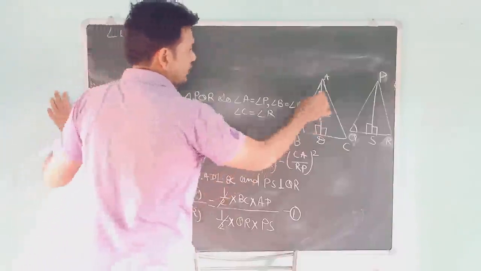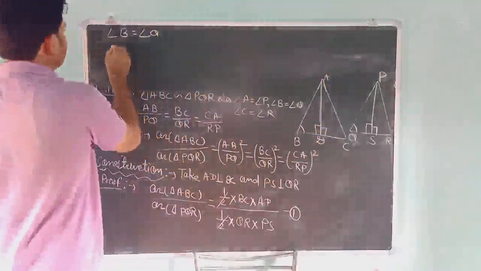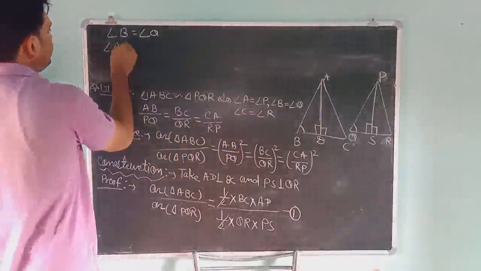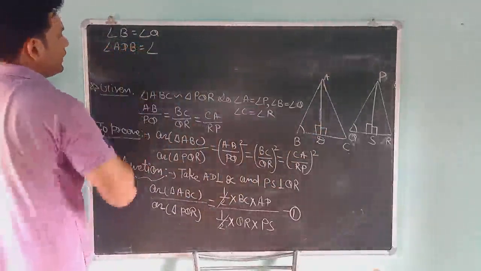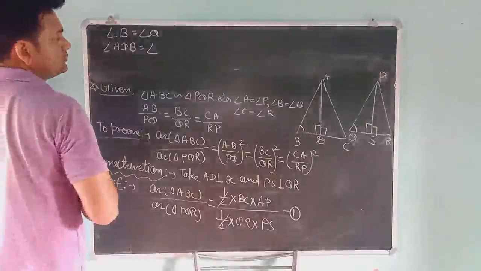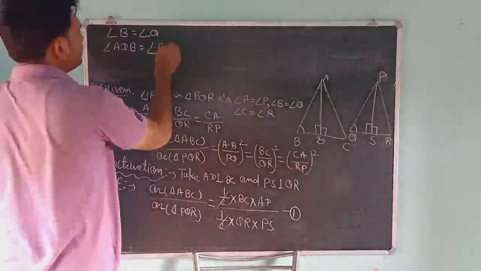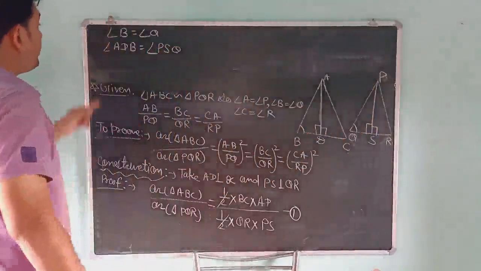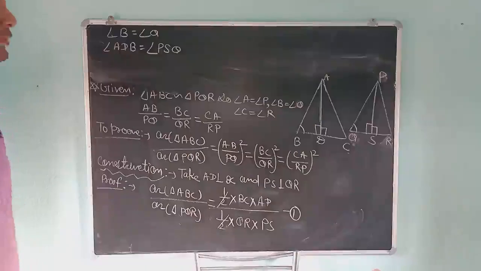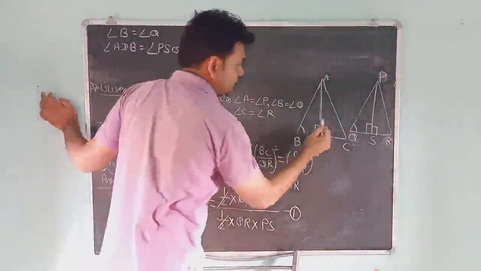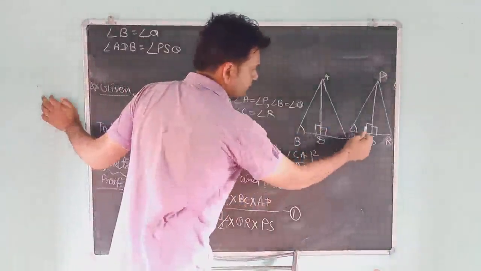And the names of these two triangles are ADB and, sorry, angle PSQ. Two angles are equal. Here you can see that B is equal to Q and this one is equal to this one.